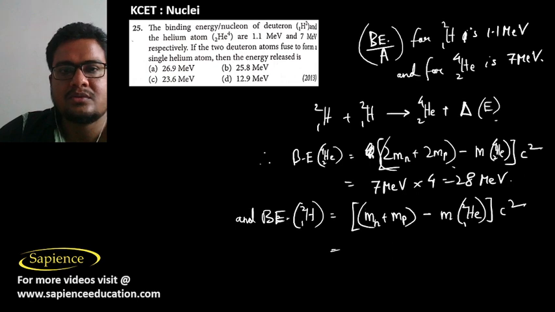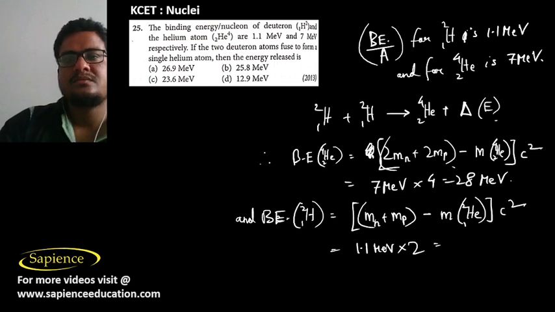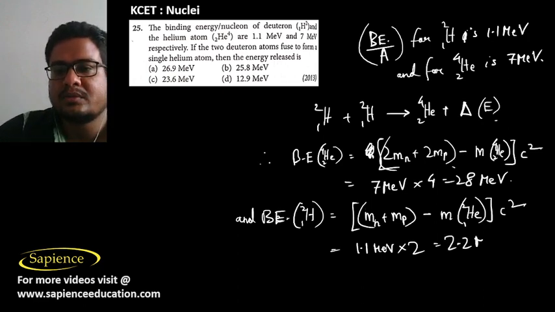That is equal to the binding energy per nucleon, 1.1 mega electron volt, into the number of nucleons, which is 2.2 mega electron volt.